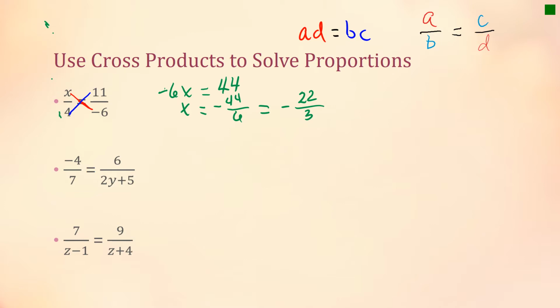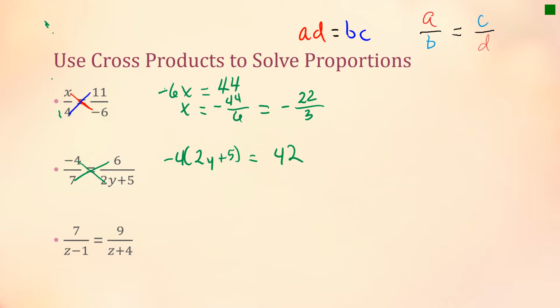We're going to have then -4 times, remember we're doing the extremes, 2y plus 5 equals the means, 6 times 7, which is 42.